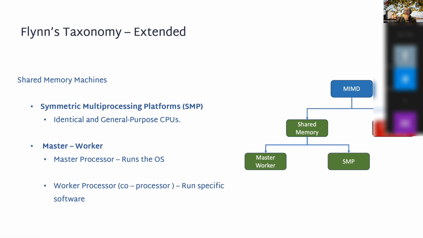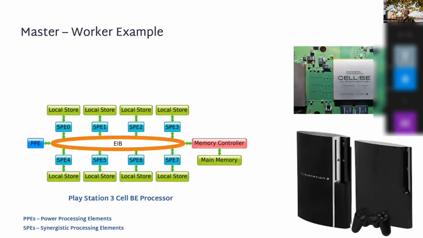But the worker processors, which are also called co-processors, are responsible for running a specific piece of software, right? A quite famous example of this master worker shared memory system is the PlayStation 3 Cell BE processor, whose schematic you can see here. It basically has two types of processors, the master processor and the co-processor or worker processor.